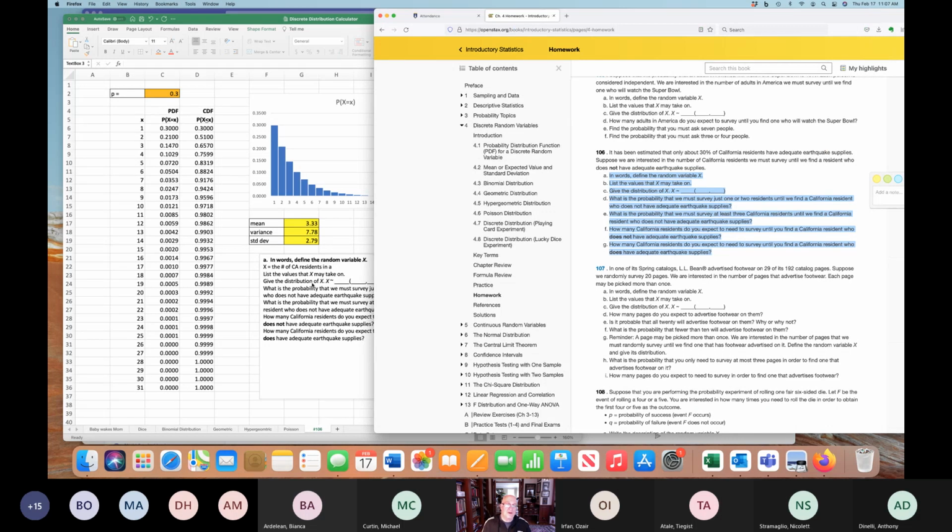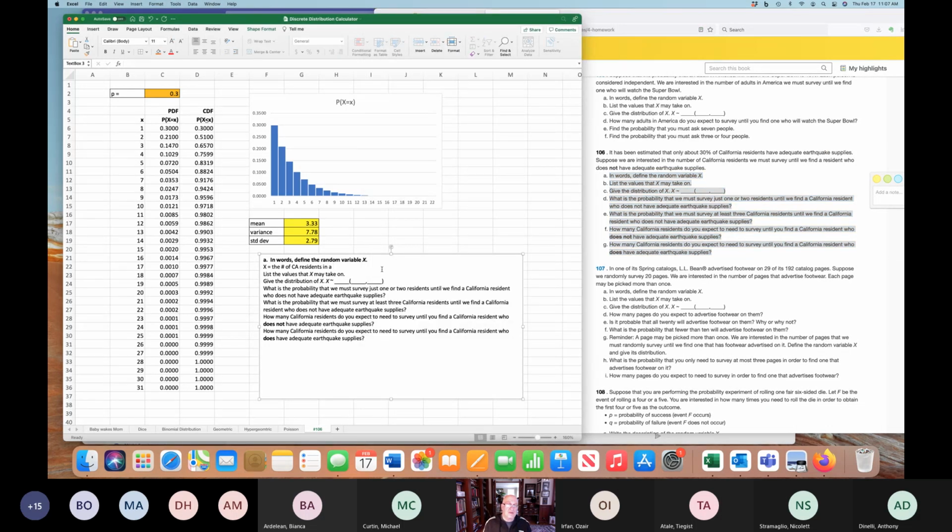The first question: the number of California residents we must survey to find the first one that does not have adequate earthquake supplies.